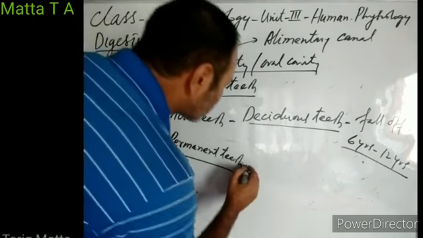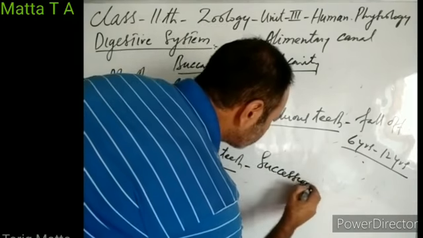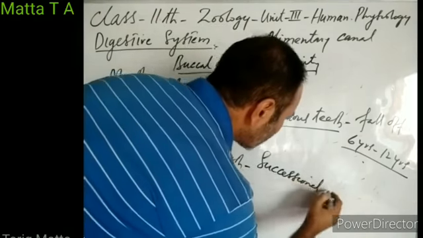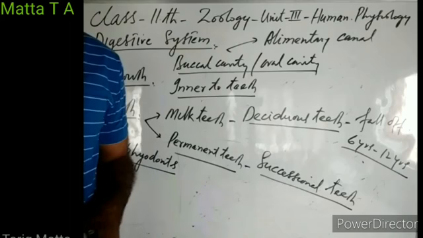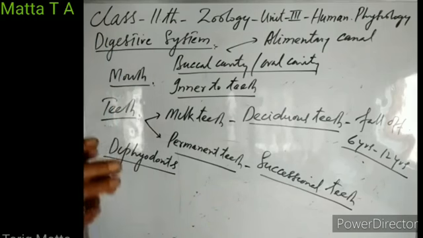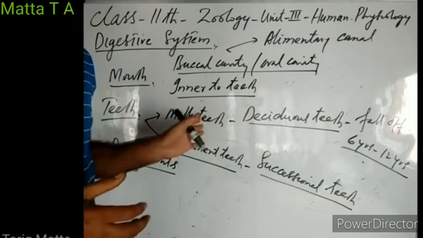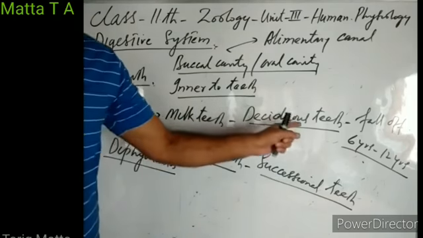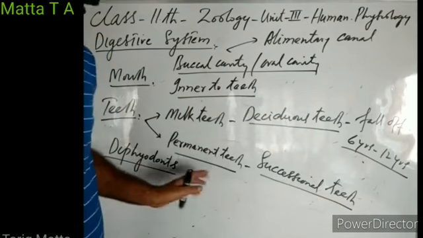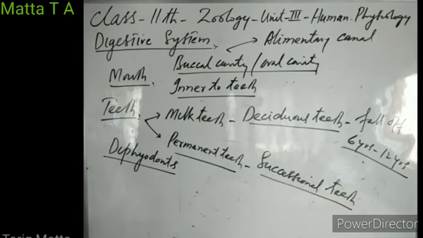Permanent teeth are known as successional teeth. Why do we call them successional teeth? Because they succeed the milk teeth. They follow the milk teeth. When milk teeth are replaced, permanent teeth develop at their place. So milk teeth are also known as deciduous teeth because they fall off, and permanent teeth are also known as successional teeth because they succeed the milk teeth, right?